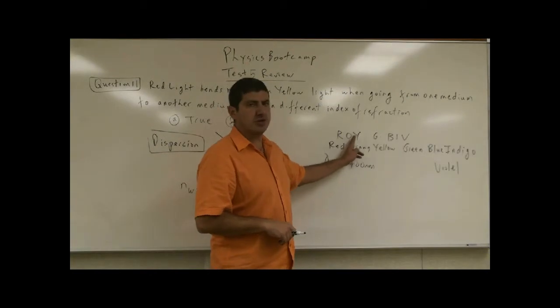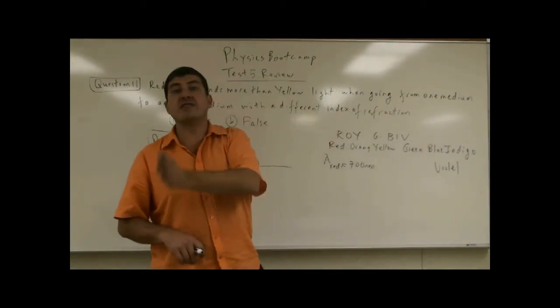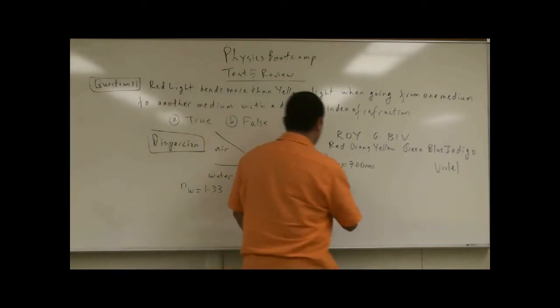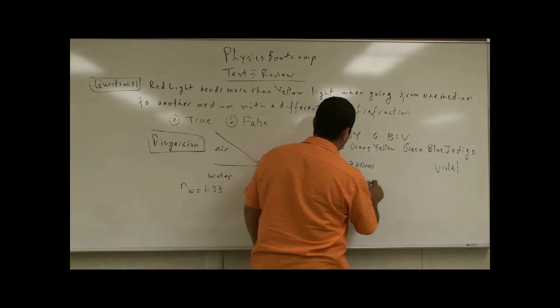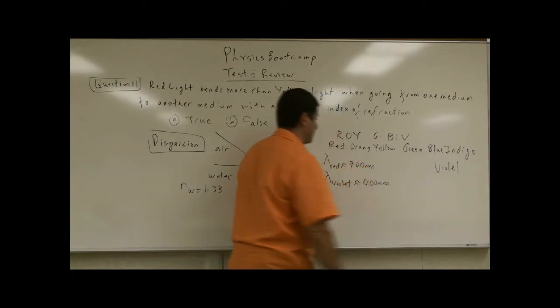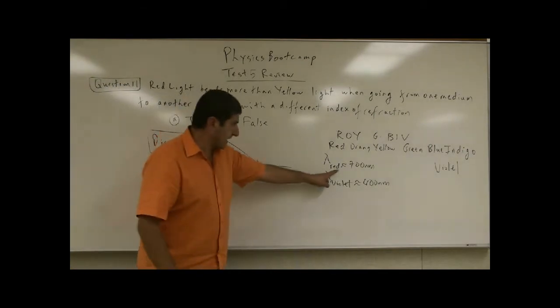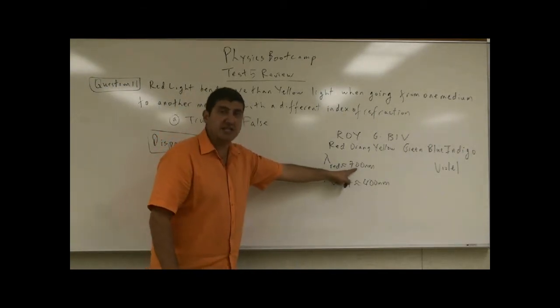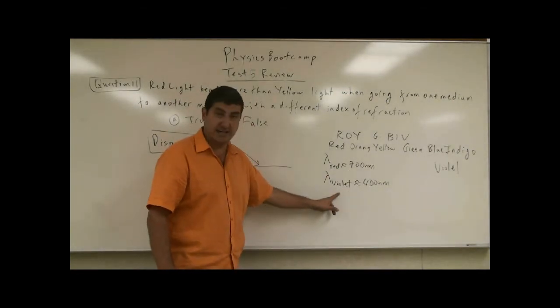As you get to orange, yellow, green, blue, indigo, violet, the wavelength is decreasing. By the time you get to violet, the wavelength is about 400 nanometers. So red light, which has a larger wavelength, is affected less by refraction than violet is.